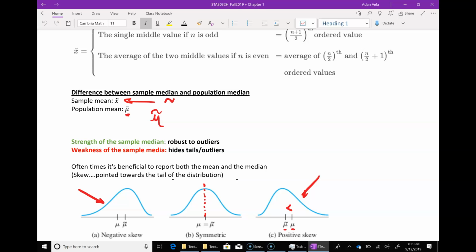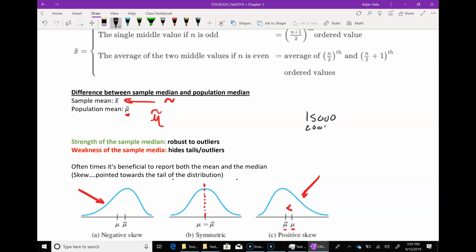All right. And I got the following values. So maybe 15,000, 20,000, I don't know, 17,000, 16,000, another 15,000, right? And then I got something like 1 million, right?